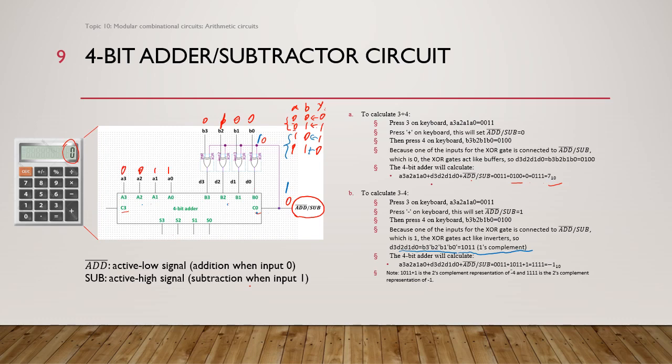What is 1, 0, 1, 1 plus 1? 1, 0, 1, 1 is the 1's complement, plus 1. Basically, that's the 2's complement of positive 4, right? So it's representing negative 4. So basically, this chip now is doing the operation 3 plus negative 4 here, and the result is negative 1, just as I showed you in the previous slide. Okay, so that's how this circuit works. So we use one circuit to do two kinds of operation, addition and subtraction.